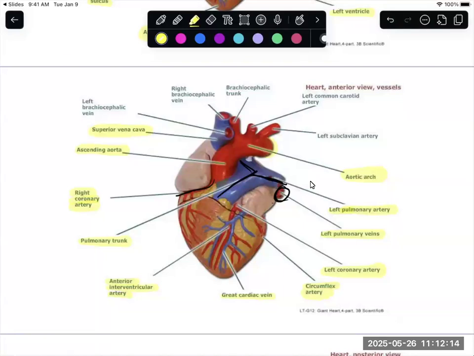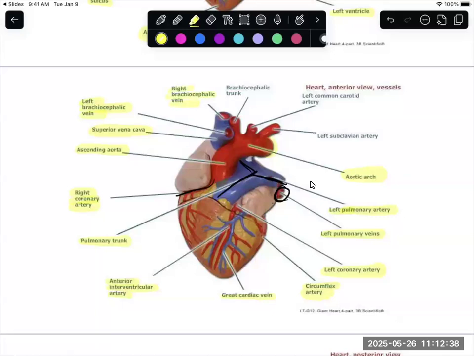So the superior vena cava is made from this left brachiocephalic vein and this right brachiocephalic vein. Two different veins coming together to make that superior vena cava.